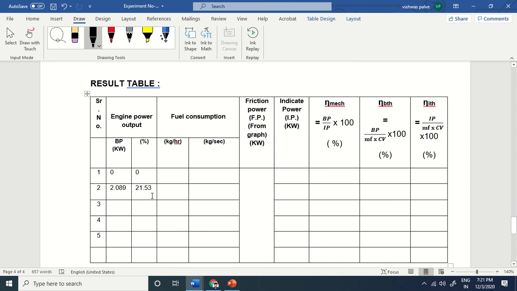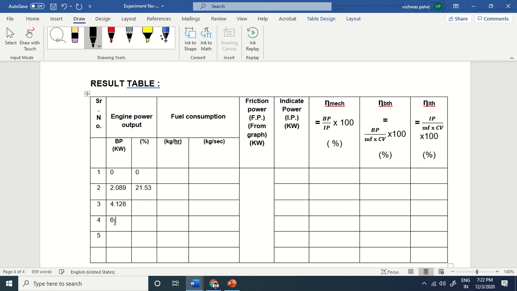After calculating all the parameters, I'll directly take down the readings so that we can go for the next parameter, that is how to plot the graph. So the first reading was 0, second is 2.89, third is 4.128. This we have to do by calculation.